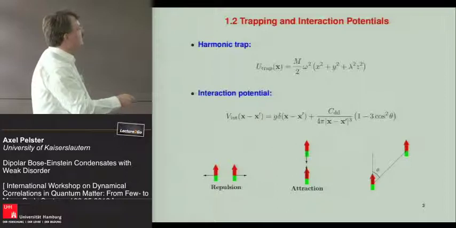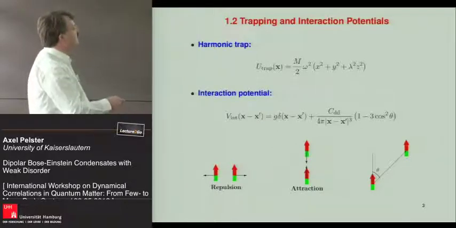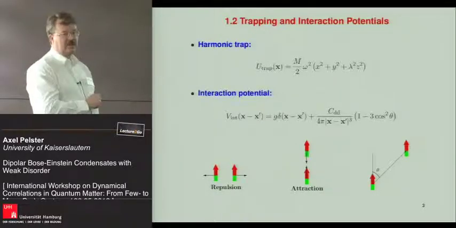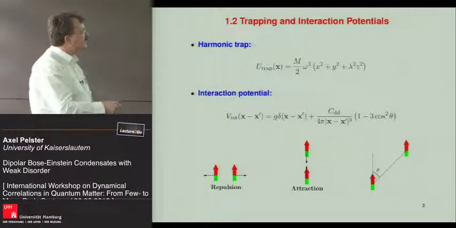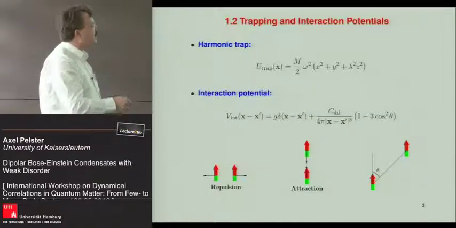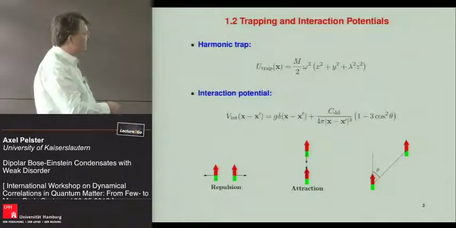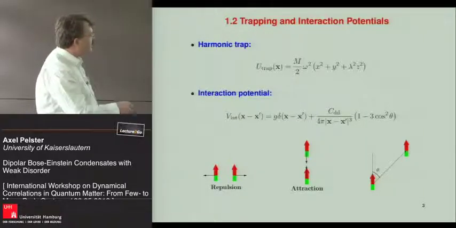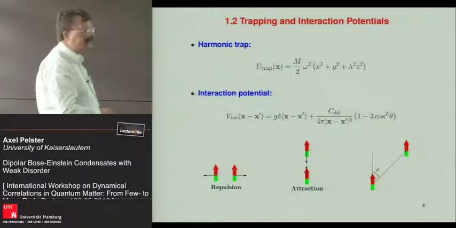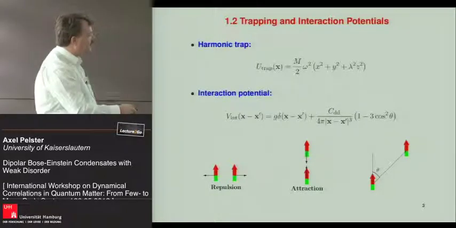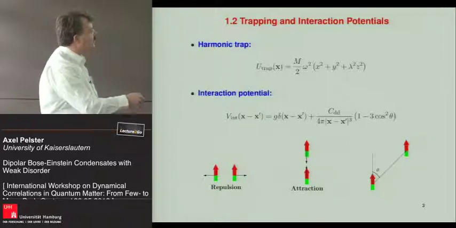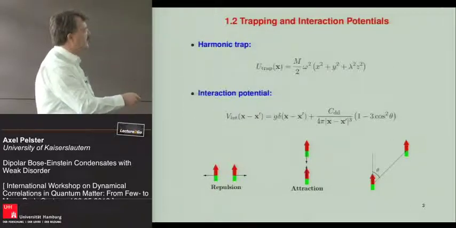An additional difference between both interactions is that this contact interaction is isotropic, whereas the dipole-dipole interaction is inherently anisotropic in the sense that when you have two dipoles standing side by side, they repel. And if they sit on top of each other, they attract. And in between, if we have some angle theta, the angular dependence is given here by this term.